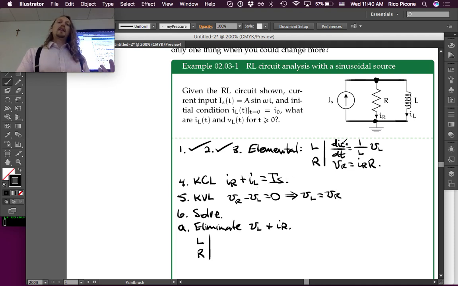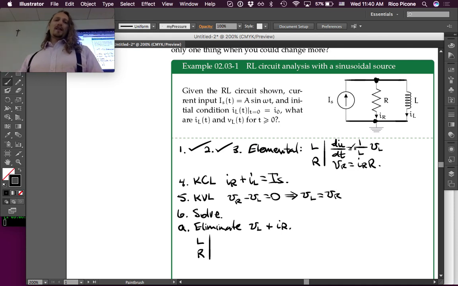And when you plug that into this equation, you take the time derivative of an input, which is fine, you can do that, but it's just mucking around in things we don't want to do. So that's why I'm guiding us towards leaving the time derivative variables alone and eliminating other stuff.